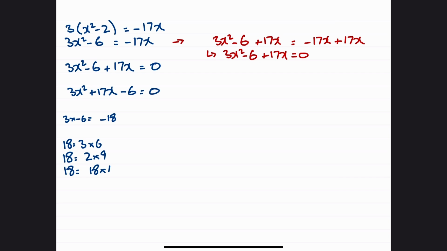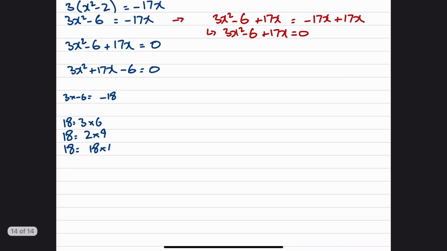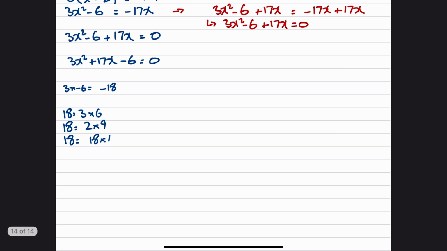And then what we need to do is break our middle term such that this added or subtracted gives me 17x and multiplied gives me minus 18. And the only way to do that is if the signs on these are opposite.